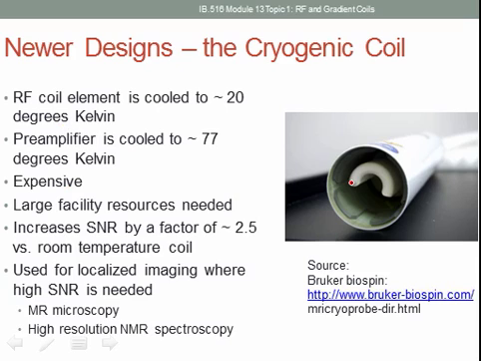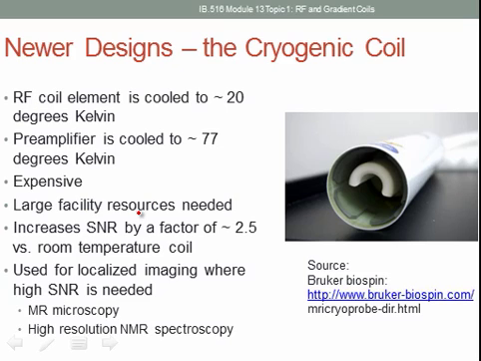So what happens in this is the element, which is inside of this white material. This is actually not the RF inductor element, but this is cooled to about 20 degrees Kelvin, and the preamplifier is also cooled down to about 77 degrees Kelvin. These coils are expensive.